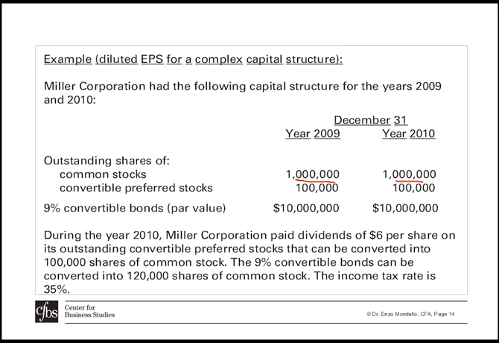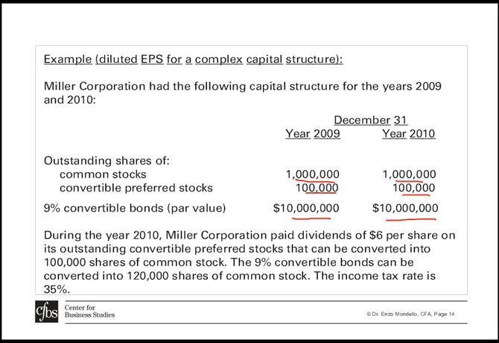Then outstanding shares of convertible preferred stock were 100,000 for both years. And we know the firm has issued as well a 9% convertible bond. 9% stands for the coupon rate, and the coupon is paid on the par value, and the par value of the convertible bond is $10 million for both years.